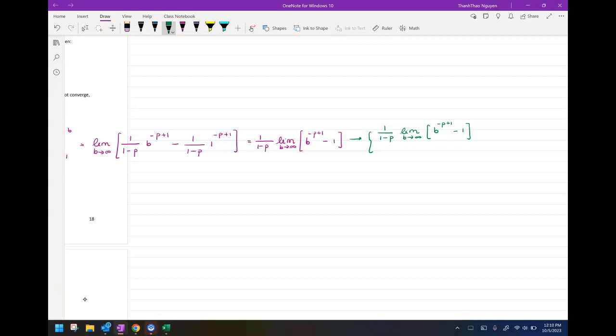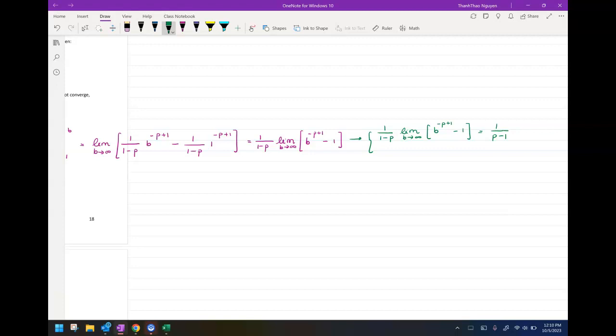If p is greater than 1, then this becomes 1 over 1 minus p, giving me exponent p minus 1 here. Yeah, because if p is greater than 1, then the term b to the exponent negative p plus 1 goes to 0, right? And so we have the negative 1, so we multiply it out.